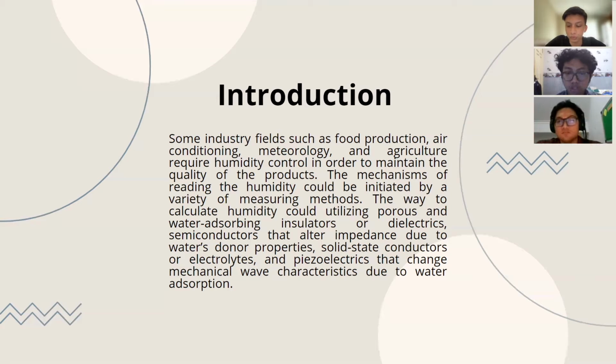The way to calculate humidity could utilize porous and water absorbing insulators, or electric semiconductors that alter impedance due to water's donor properties, solid state conductors or electrolytes, and piezoelectrics that change mechanical wave characteristics due to water absorption. A hygroscopic substance is sometimes used for the electric controllers to calculate the humidity.